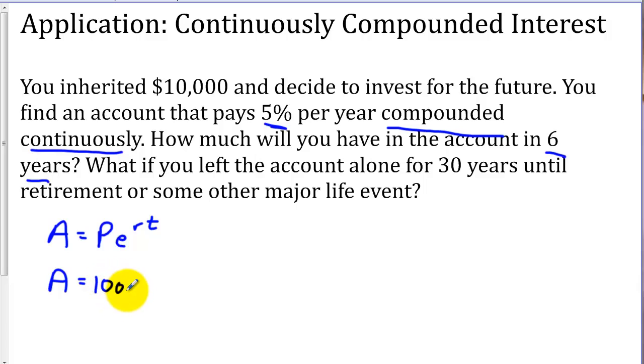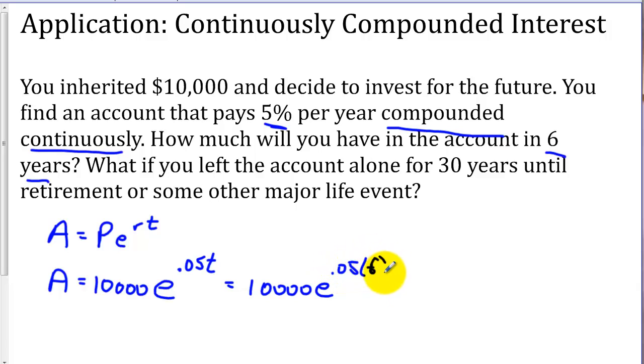We're not going to spend that. We're going to put it in the bank. We're going to be responsible. E is the natural number, and then our exponent is going to be 5% as a rate, which would be 0.05 times T. That would be our model, and we want to know for 6 years, so we're going to put 6 in for T.